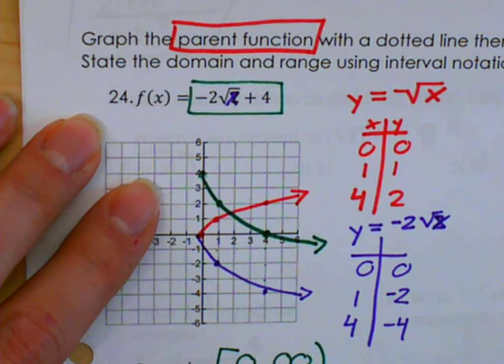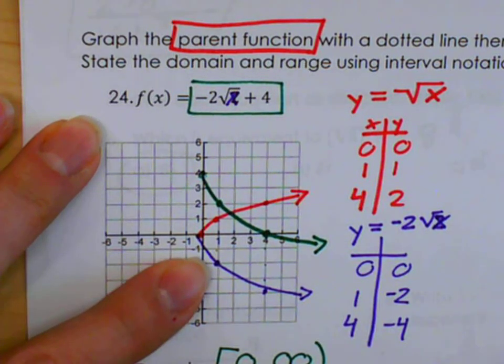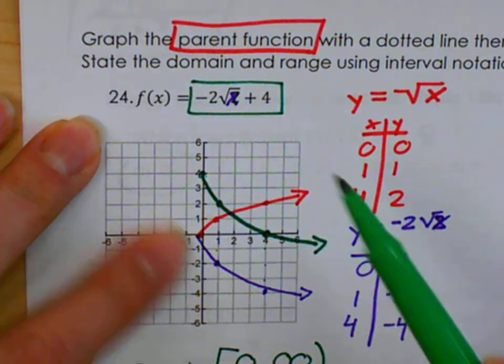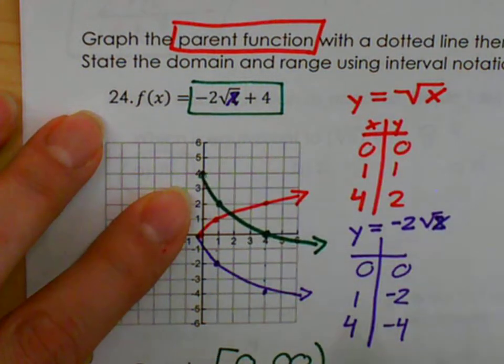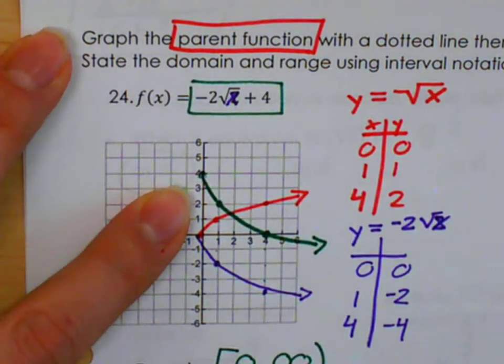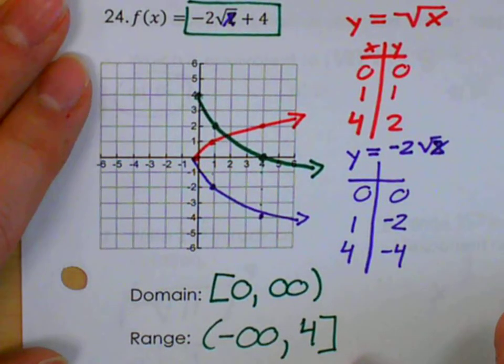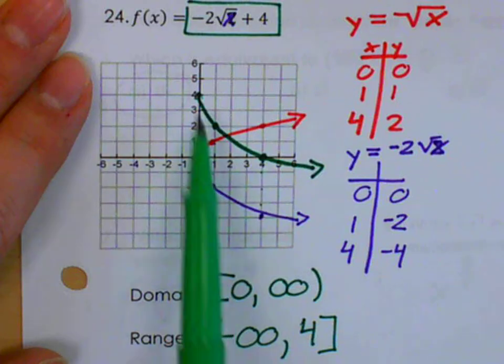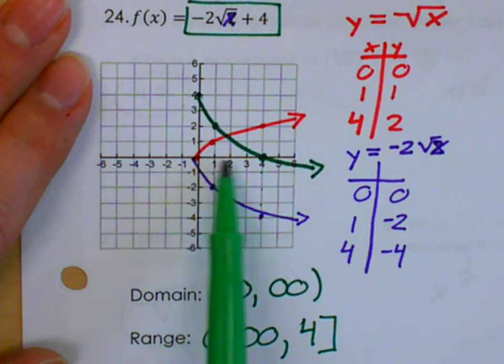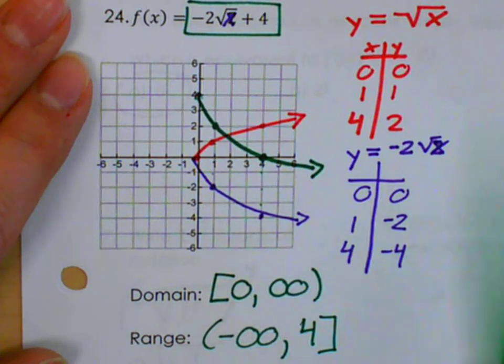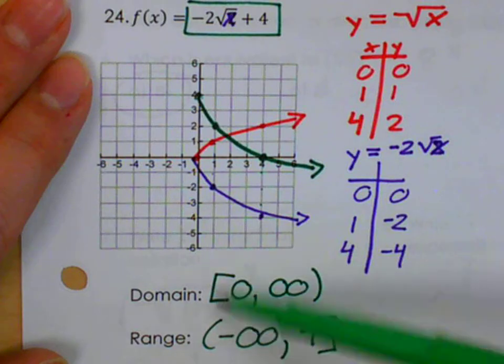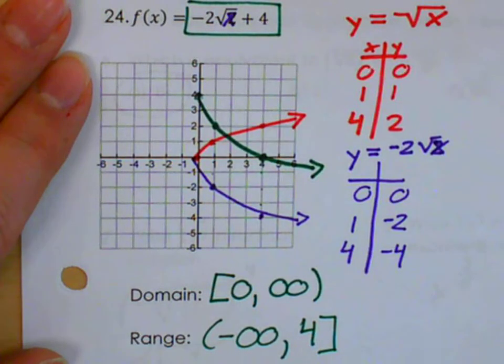My range starts at -infinity, and then it stops here at 4. There we go, so you can see that. So again, my domain, I'm starting here at 0 and going all the way to infinity this way. My range, I'm going as far as -infinity, and I stop when I get to 4.